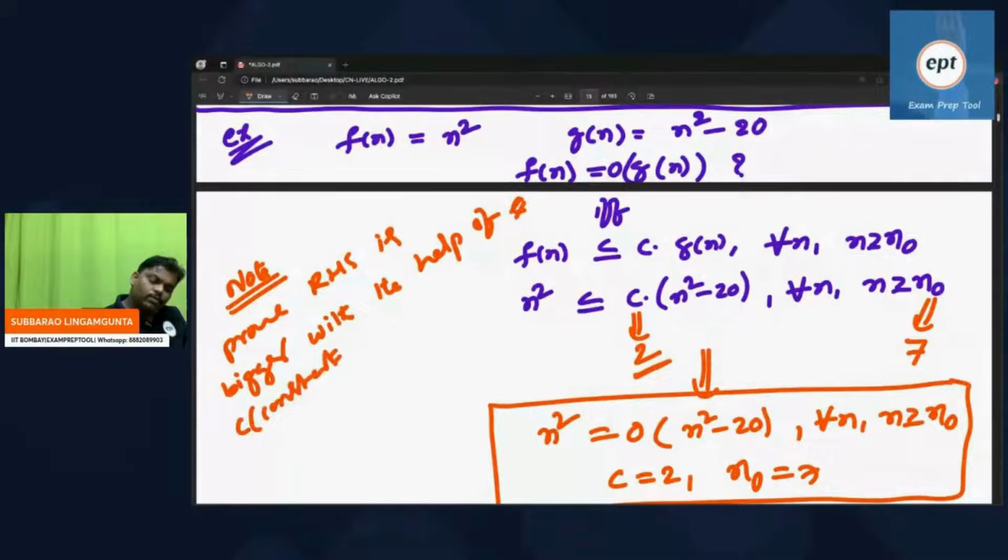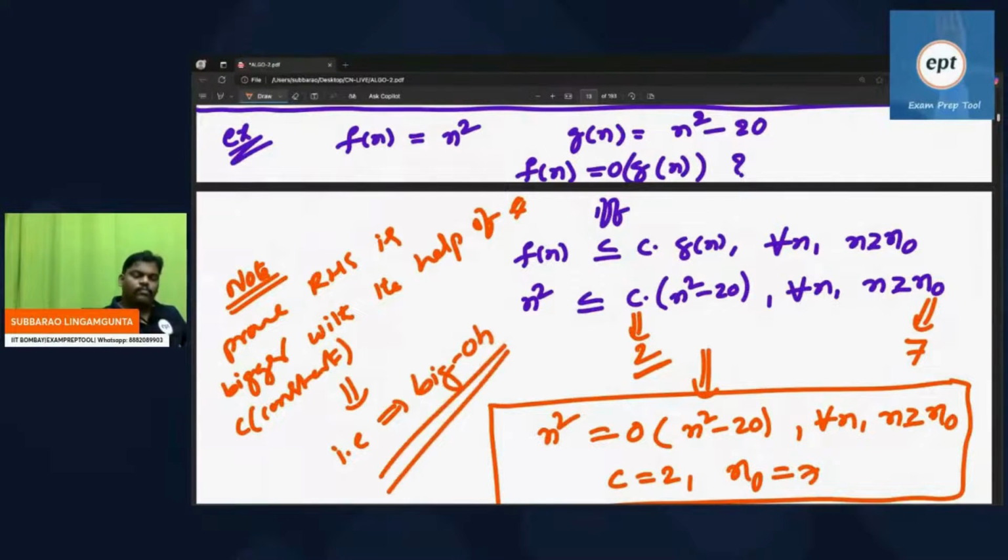That is called big O. That is the meaning of big O: prove the right hand side is bigger with the help of C, which is a constant.